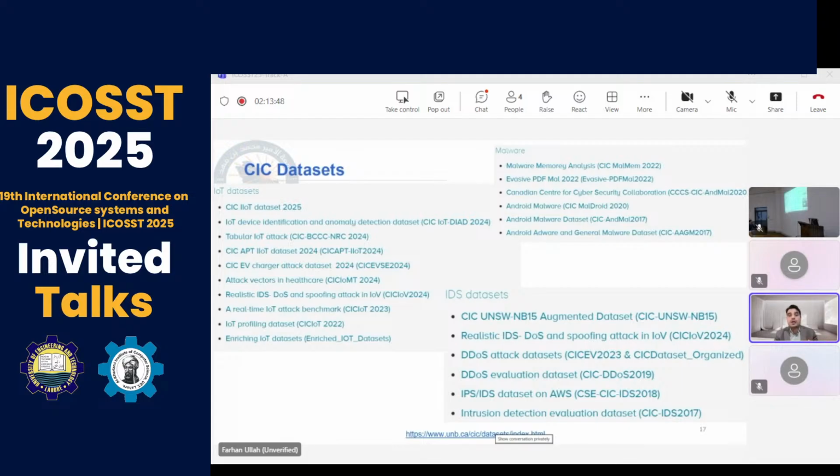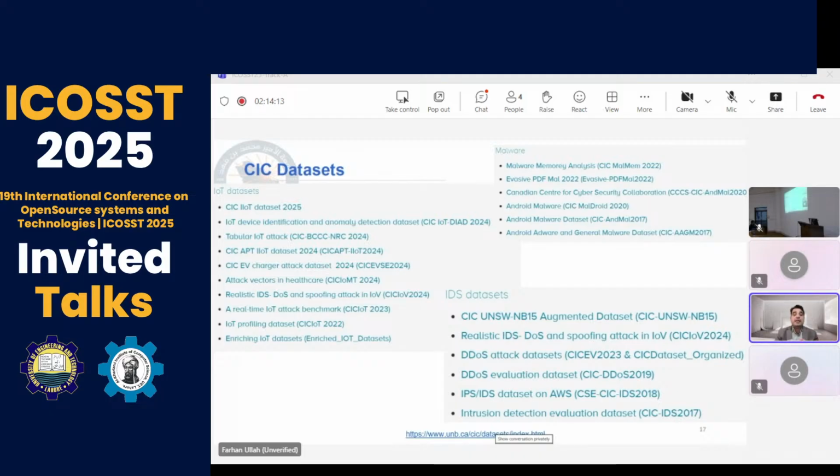So if you want to use IoT malware attacks, PDF malware, Android malware, these are the IoT-based attacks or malware. These are the intrusion detection system malware, maybe attacks. Okay, so these are the different ones. If you click on any repository, you can download all their files into your folder, and then you can use them in your research problem.